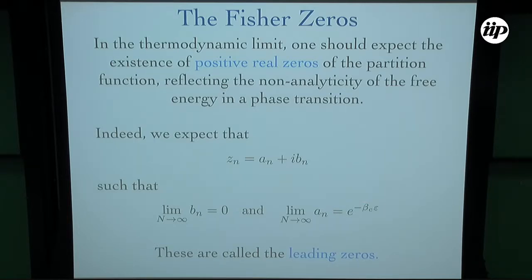If you take the size of the system going to infinity, the imaginary part of the zero goes to zero, while the real part is finite and is directly related to the critical temperature of the system. This zero that touches the real axis in the thermodynamic limit, we call the leading zero or dominant zero.